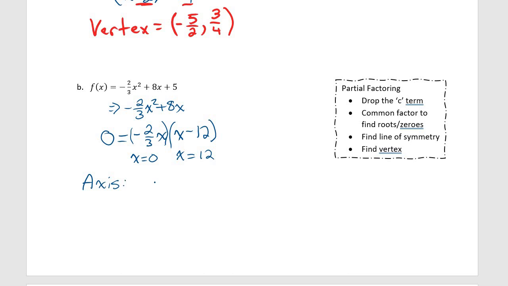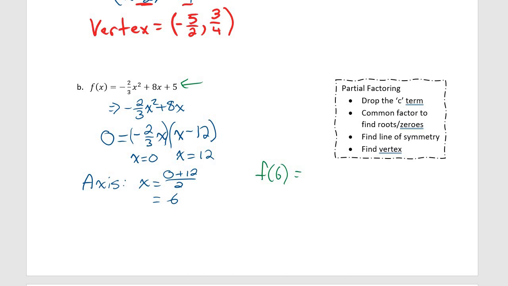So my axis of symmetry, x is equal to my two roots added together, divided by 2, which in this case will give us 6. And then we will just evaluate f at 6 to get the vertex. And that's this equation, not our modified, our original one.